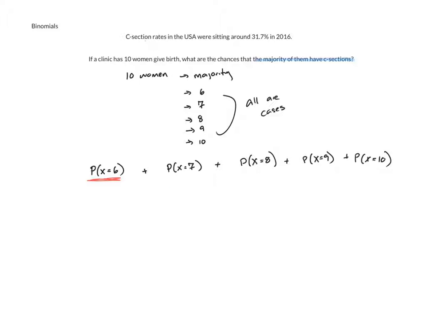women give birth via C-section. So, for this one, we'll go ahead and list out X, N, and P. In this case, I have a total of 10 women. 6 of them should be having a C-section, and the probability someone has a C-section is 0.317.